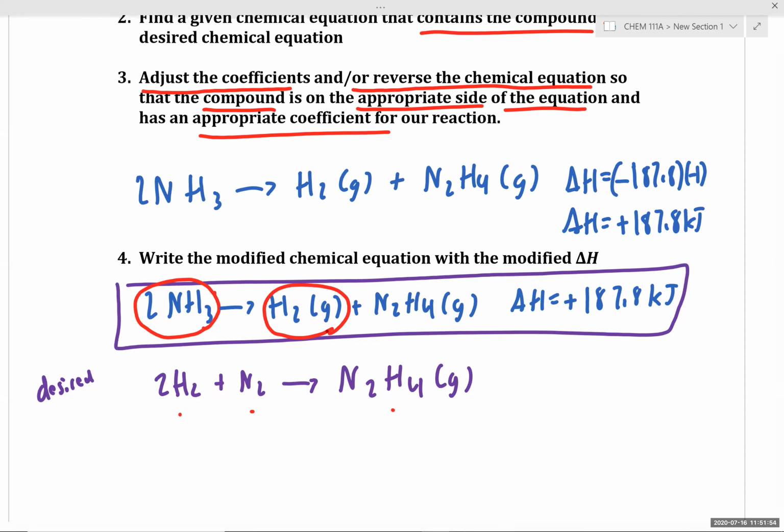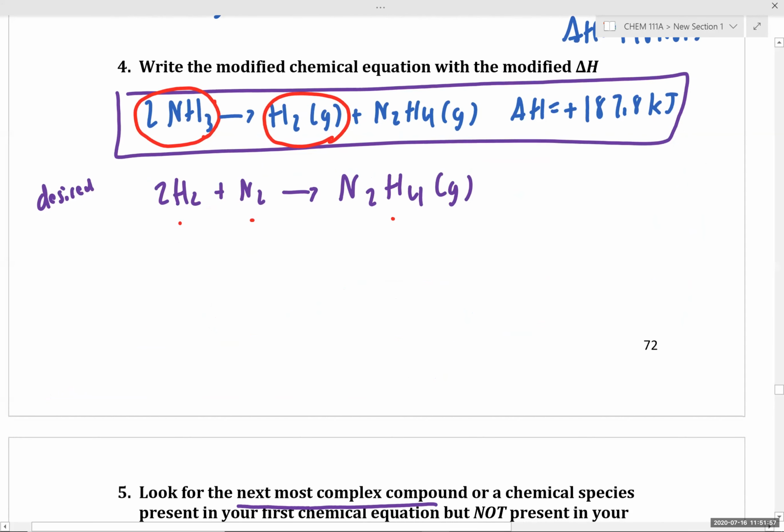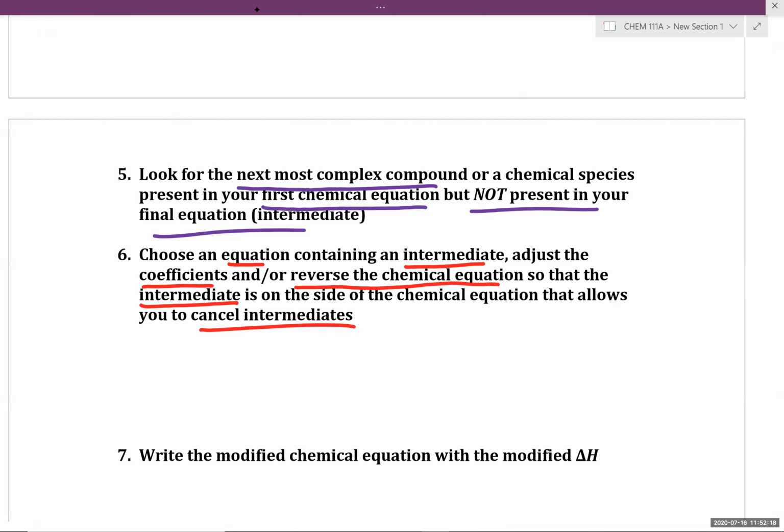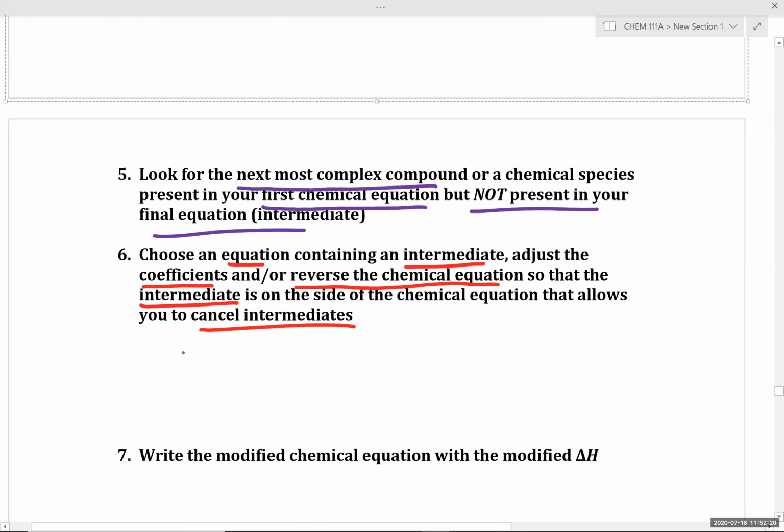So what we're going to do next is choose an equation containing these intermediates, and we're going to adjust our coefficients and reverse the chemical equation so that the intermediate cancels out. Okay, so let's show what I mean. In our starting equation, we have 2 ammonia leads to H2 plus N2H4.